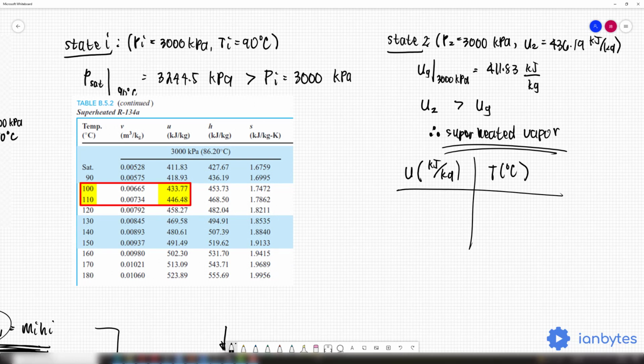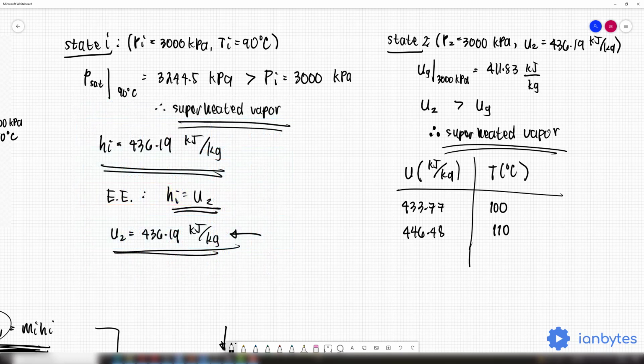We have the lower bound of our internal energy, which is just 433.77 kilojoules per kilogram, and the corresponding temperature is 100 degrees Celsius. The upper bound, on the other hand, is equal to 446.48, and its corresponding temperature is 110 degrees Celsius. Ang value ng ating internal energy at state 2 ay equal lang sa 436.18 kilojoules per kilogram.